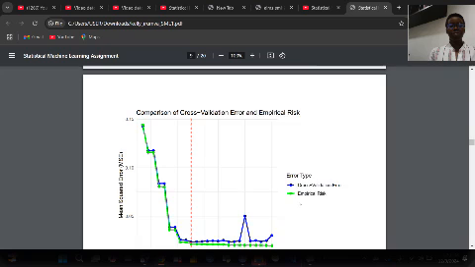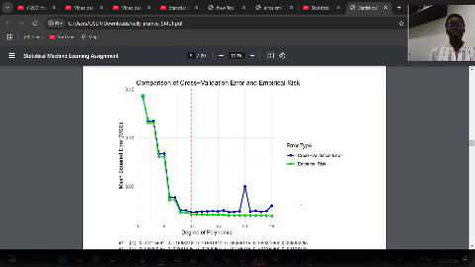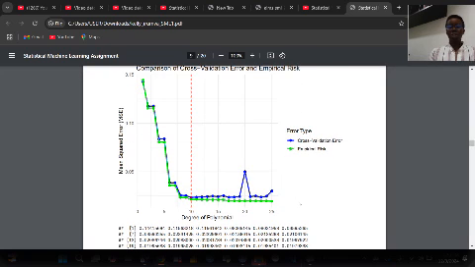When we compare the cross validation error and the empirical risk, we see that both decrease as the degree of the polynomial increases, but at some point the cross validation error tends to increase again.